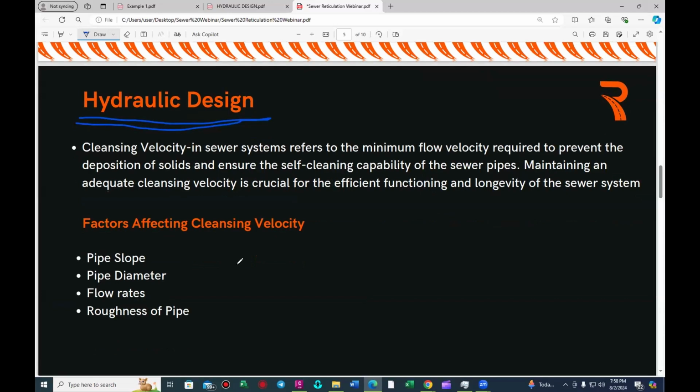You need to have a design flow so that you can appropriately size your sewers, right? Because if you don't have a design flow, you will probably do guesswork. And if you do guesswork, two things are bound to happen. It's either you're going to under design your system, which is going to cause catastrophic problems, because your sewer is going to overflow all the time.